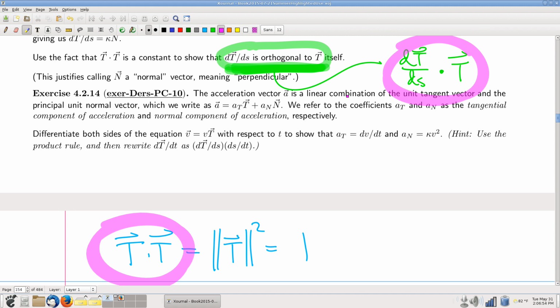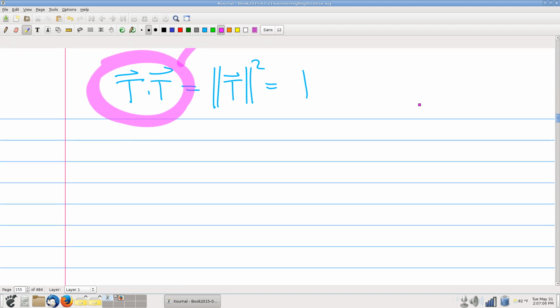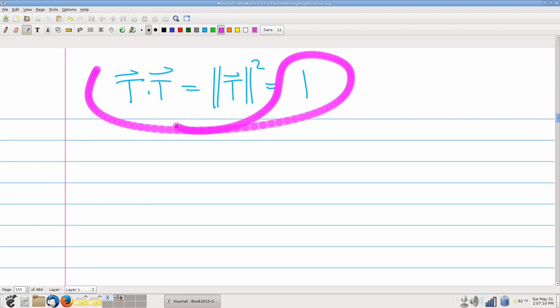So the motivation, you see the connection between what you're given and what you want: take the derivative with respect to s. I'm going to take this expression that I'm given and take its derivative with respect to s. So let's take the derivative of both sides of this equation with respect to s.